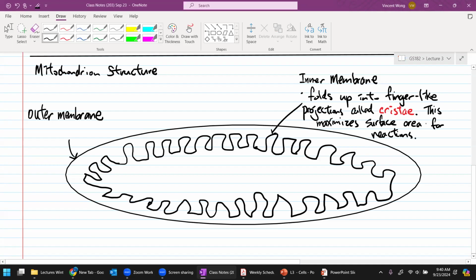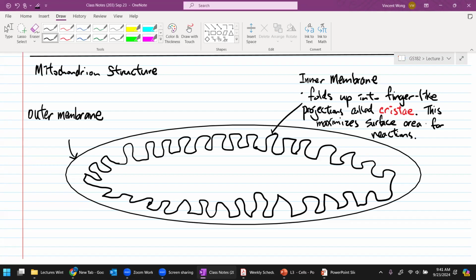Now remember, the mitochondria is where the cellular respiration, the chemical reaction that I wrote down for you, takes place. Whenever we have reactions, generally speaking, the more surface that's available for the reaction to take place, the more efficient, the faster you can do it.